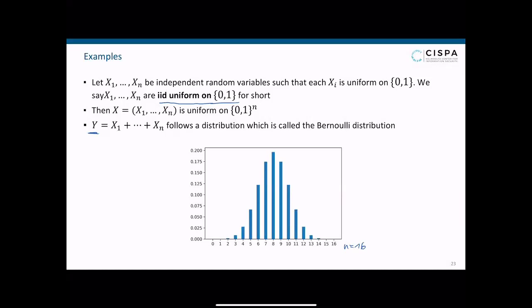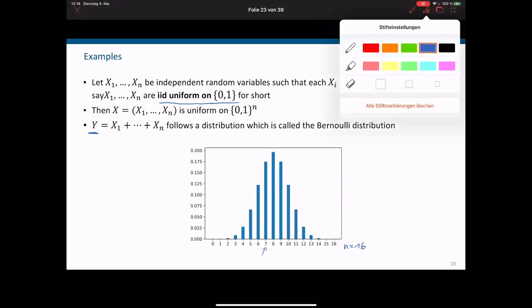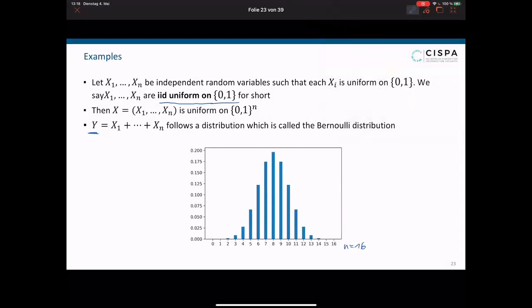And recall this bar here: the height of this bar is the probability that y equals 7 in this case, and so forth.